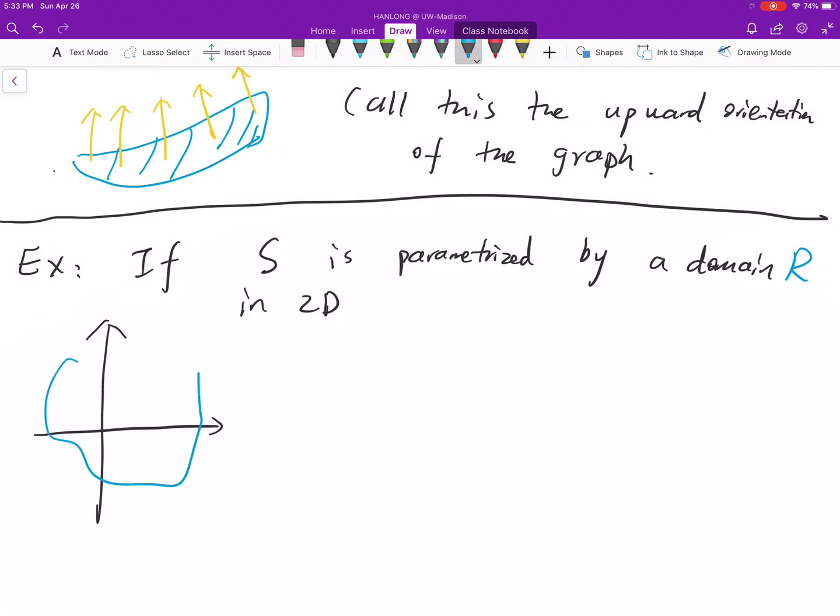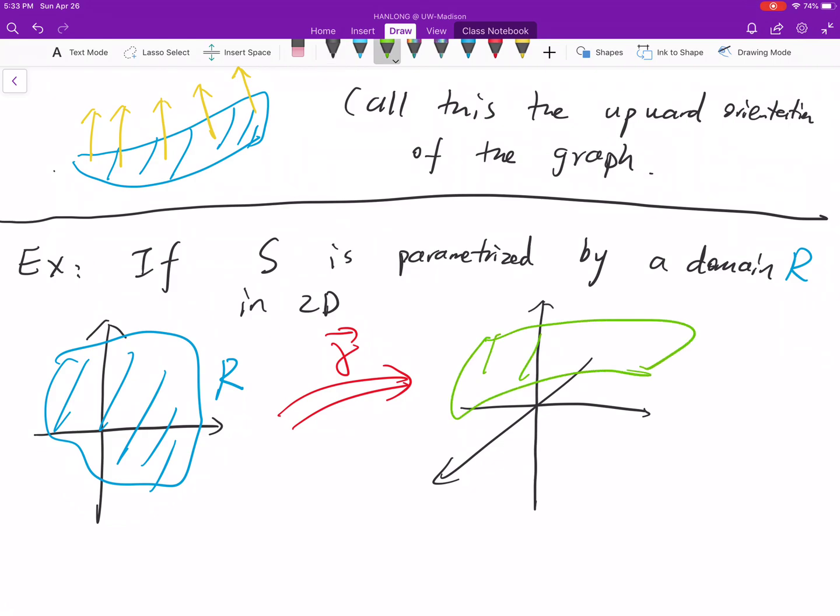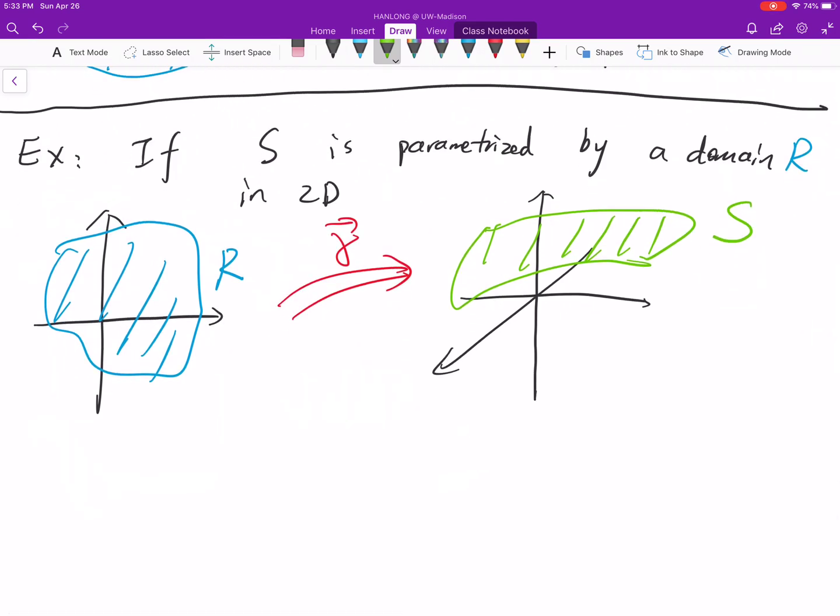No matter what the domain is, you have a parameterization gamma, no matter what gamma is, I don't care. And then here you have some green part. This is your S. Okay, as soon as you can parameterize it by some 2D domain, then you have a natural orientation associated with that.